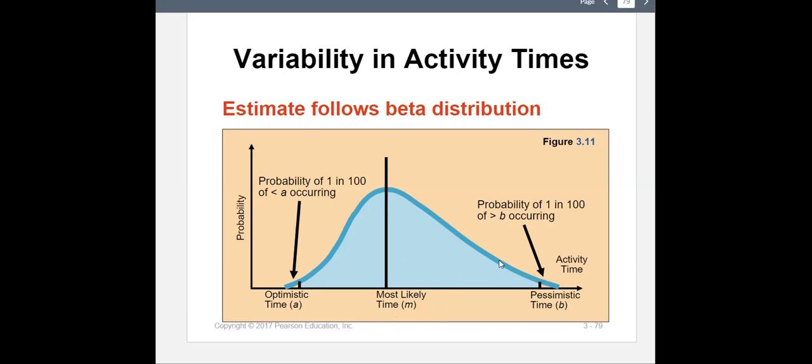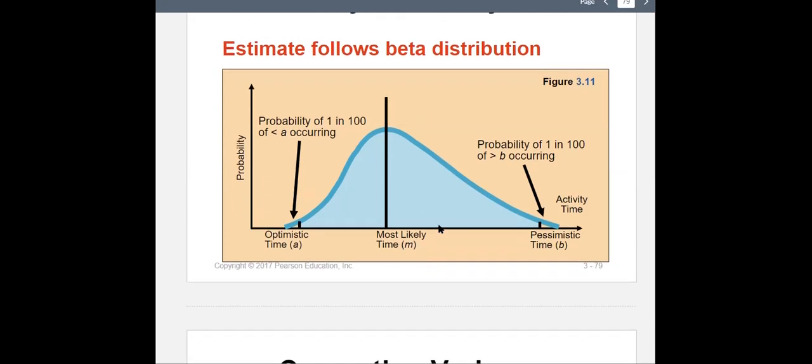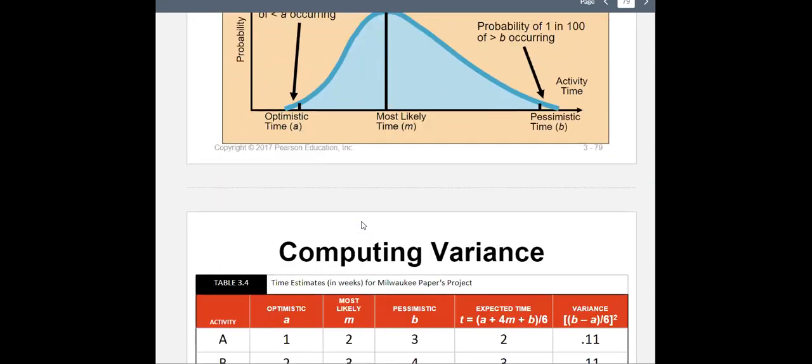The area under this curve is 1, that's 100%. So the closer you are to most likely, the higher the chance. The more we go to the left, that means you complete this project earlier and the probability is lower.